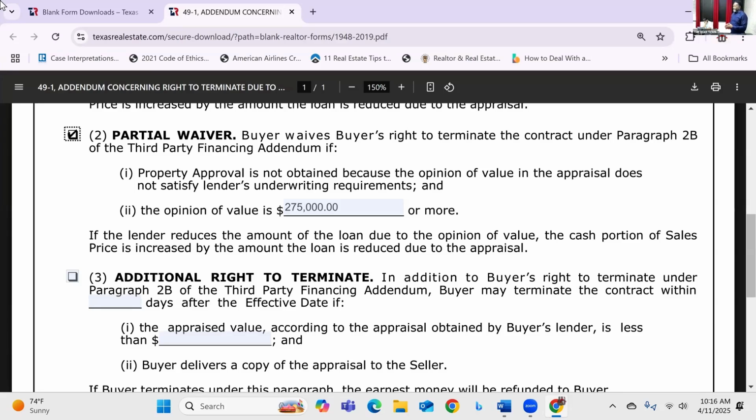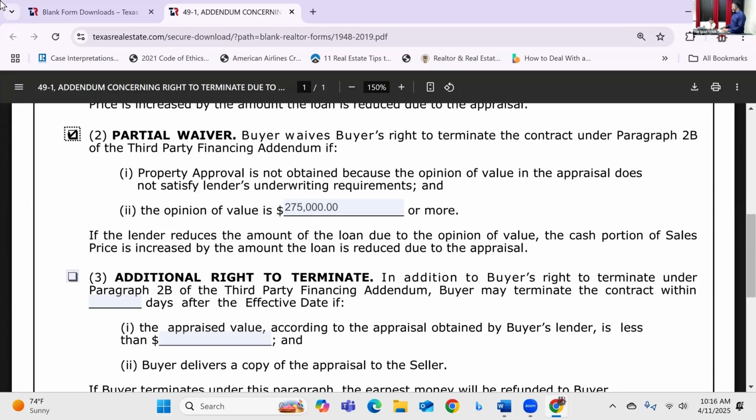So let's use the same deal. We have a contract price of 300,000, but it appraises at 275. The pre-approval from the lender is 90% LTV, loan to value.